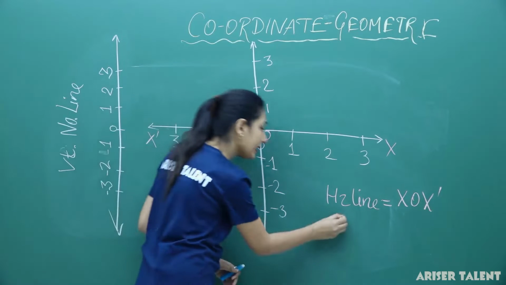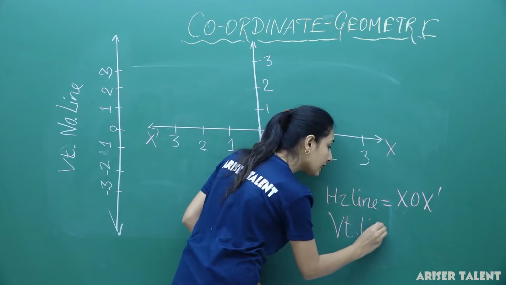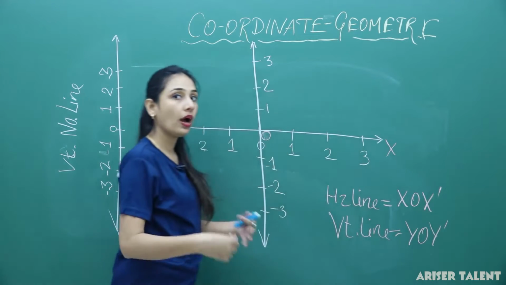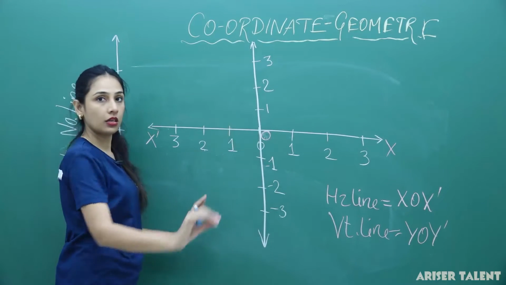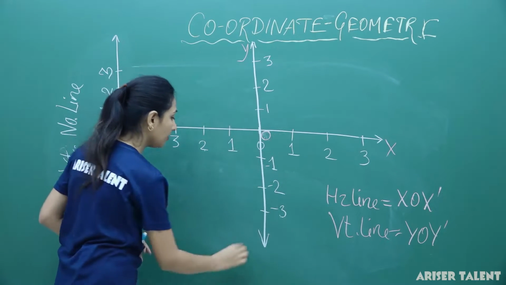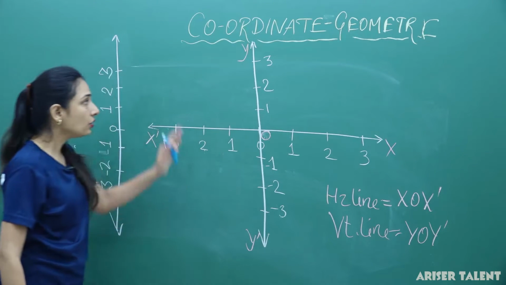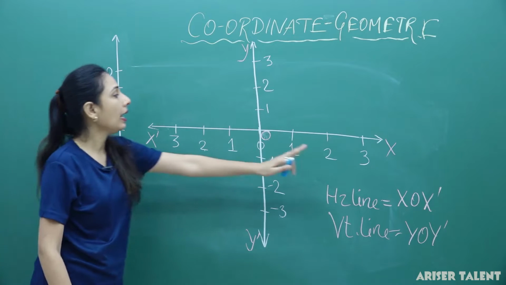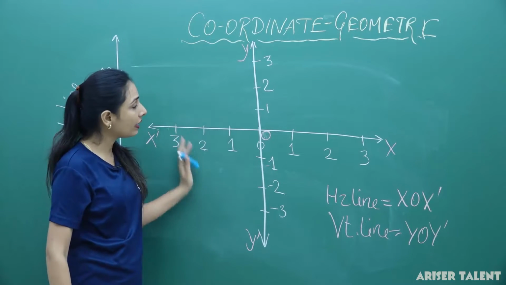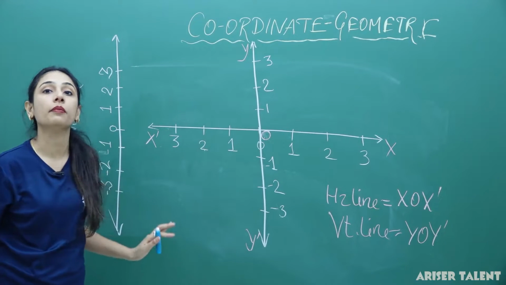Now the vertical line, and this vertical line is what, student? Y dash. So O is here only. Now I will write it Y. So this is O and Y dash. So Y dash and X dash. I mix them up and find out this particular system.